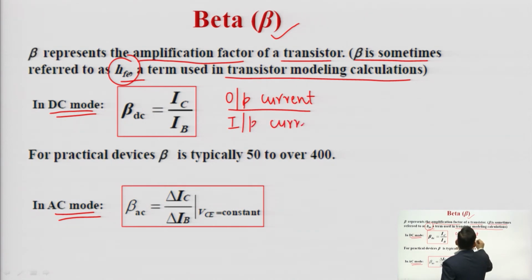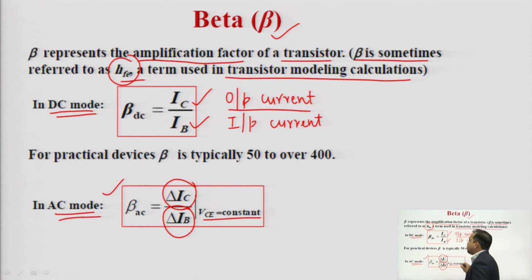So the output current is IC and the input current is IB, and for AC we will have del IC by del IB for a constant value of collector to emitter voltage. So we will see how we calculate the current gain in DC mode as well as in AC mode, and we will compare whether these values are equal or diverge from each other.